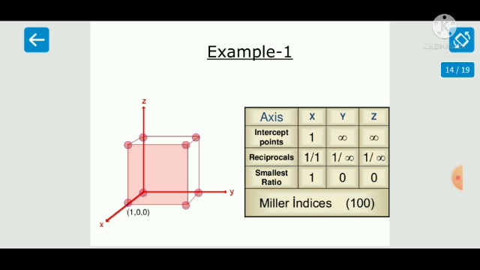The first plane, 1 0 0: the x intercept is at this point, the starting point is here, and y goes in this direction. Infinity means it does not end, so y is infinity. The reciprocal of 1 is 1 by 1, equal to 1. Take the smallest ratio. 1 over infinity is 0, giving the smallest ratio for the Miller indices.